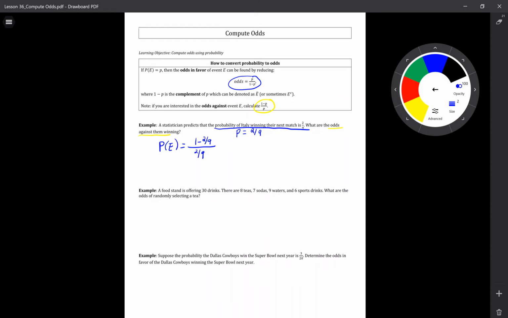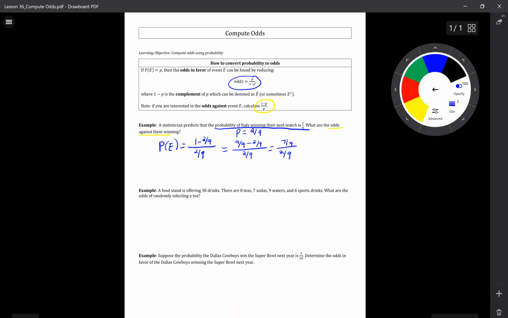Okay, well, to subtract 1 minus 2 ninths, I need a common denominator here. So I can rewrite 1 as 9 over 9. So I have 9 over 9 minus 2 over 9 divided by 2 over 9. So 9 over 9 minus 2 over 9 is 7 over 9 divided by 2 over 9.